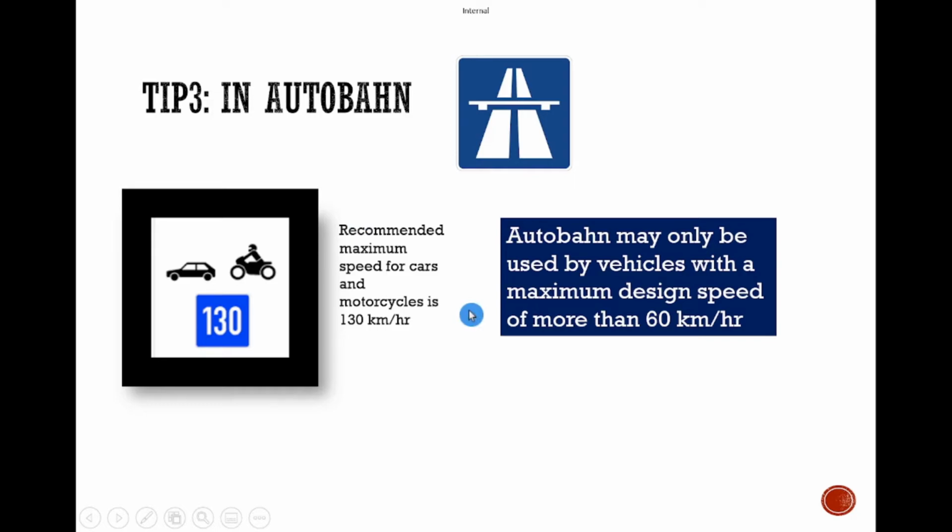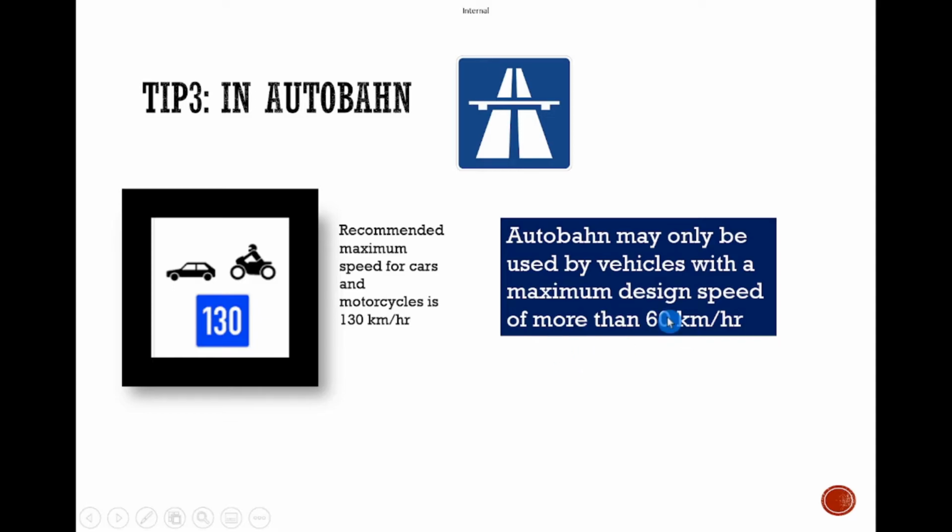Now let's look at the next tip. In Autobahn, the recommended maximum speed for cars and motorcycles is 130 km per hour. Also note that in Autobahn, only vehicles with a maximum design speed of more than 60 km per hour are allowed.